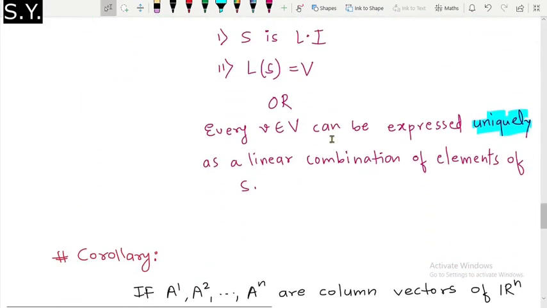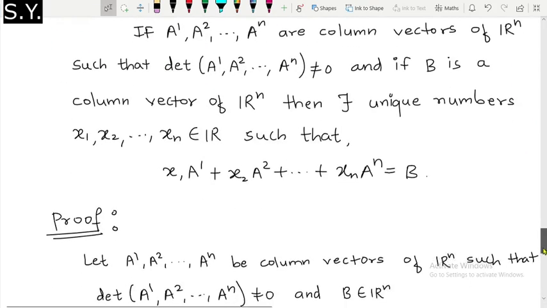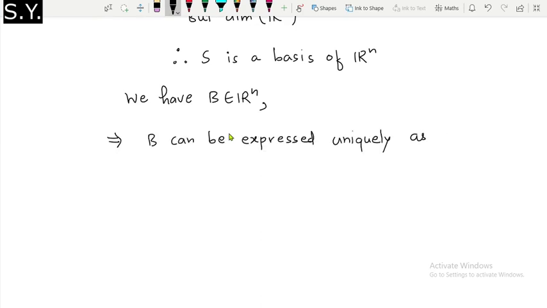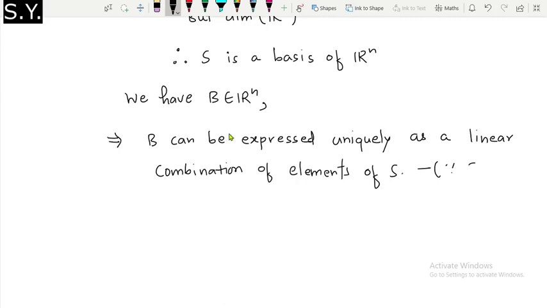We can say that every vector belonging to R raised to n can be expressed uniquely as a linear combination of elements of S. So I will say, since this b belongs to R raised to n, this will imply b can be expressed uniquely as a linear combination of elements of S. This is since S is a basis.